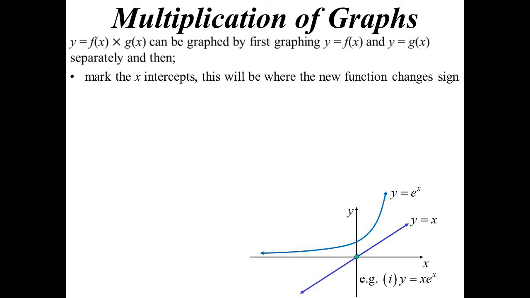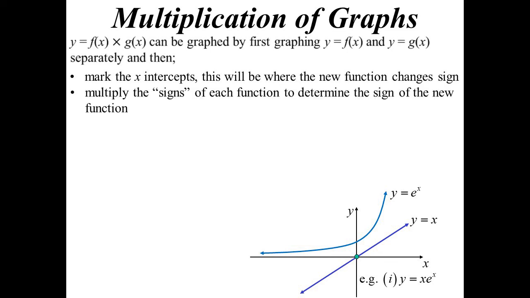So for here, the only one we're going to have is at the origin, because y equals x is equal to 0 there. So when I multiply it by the exponential, I'll get 0. But it doesn't look like there'll be any other x-intercepts for this one. Now, what we can do is just work out which region we're in. So the x-intercepts are going to break it up into boundaries. In this case, I've only got 2 boundaries.